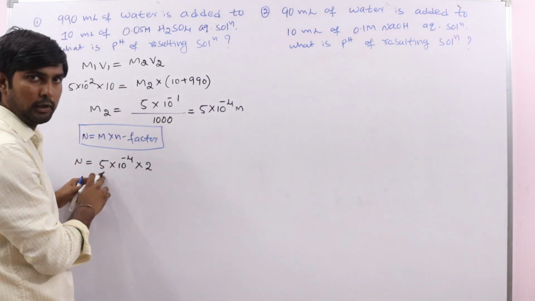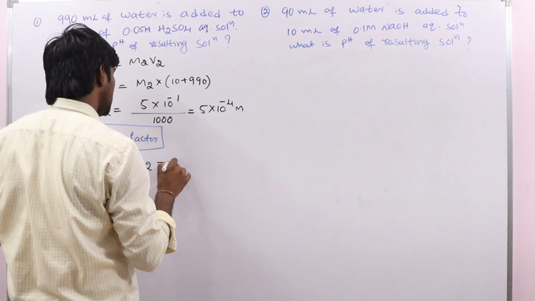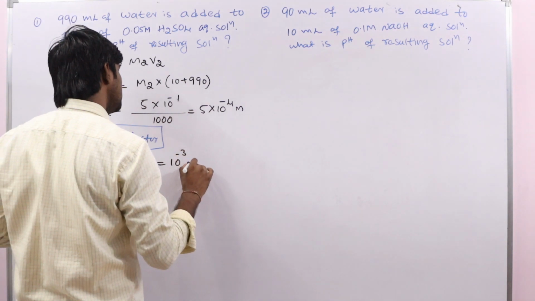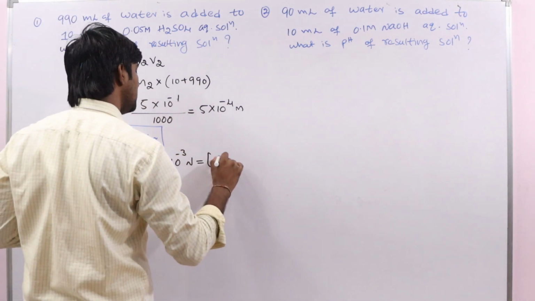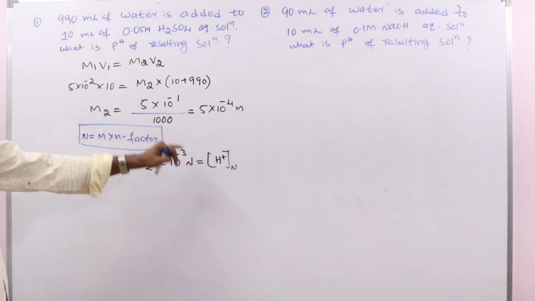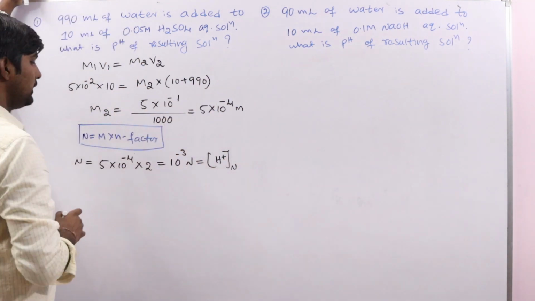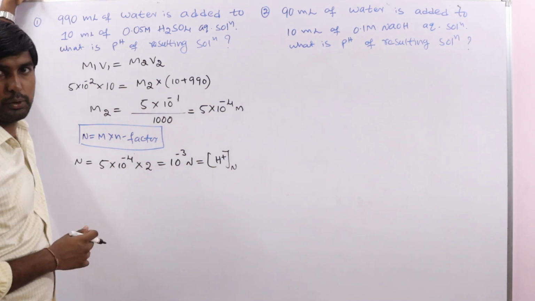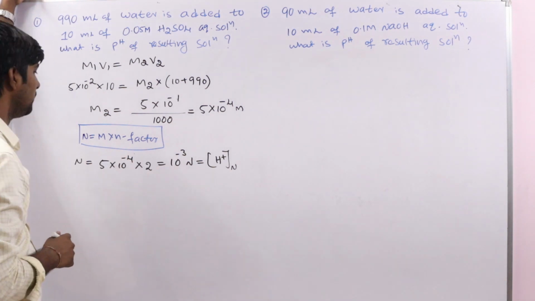So 2 into 5 is 10, 10 into 10 power minus 4 equals 10 power minus 3 normal. This is nothing but the concentration of H plus ion present in the resulting solution.